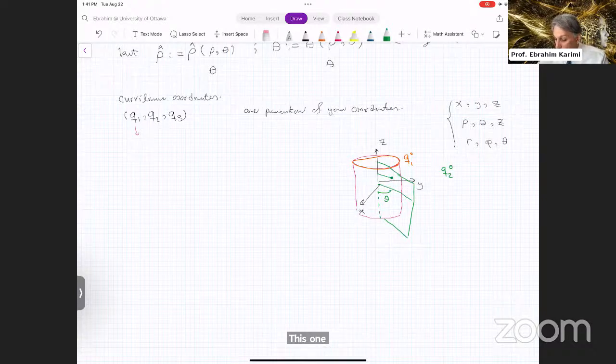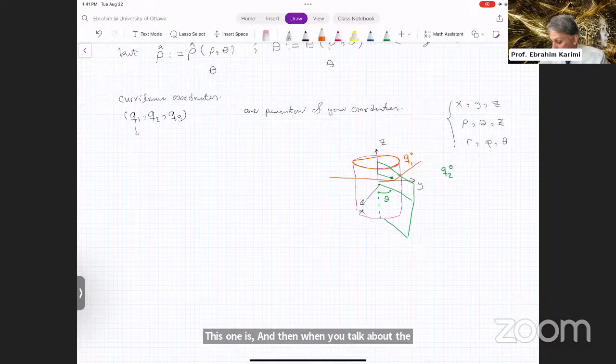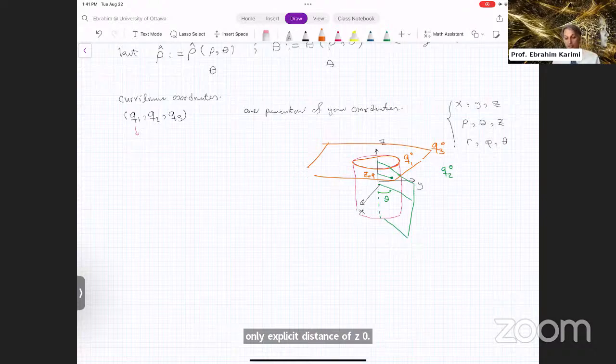And when you talk about the Z point, or Q3 equal to a constant, I talk about only explicit distance of Z0. So this is the way that I will introduce these curvilinear coordinates.